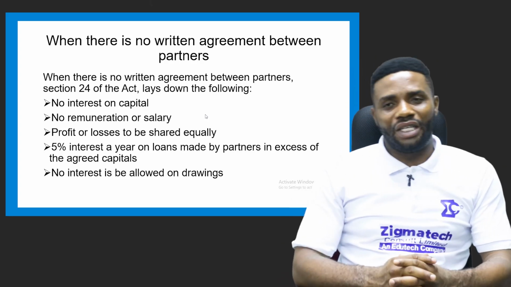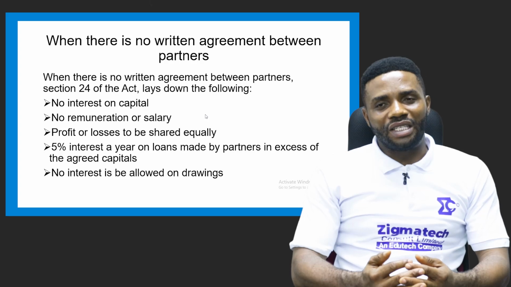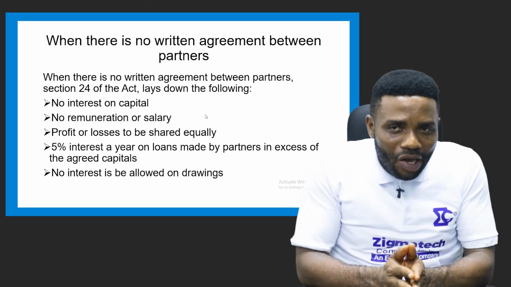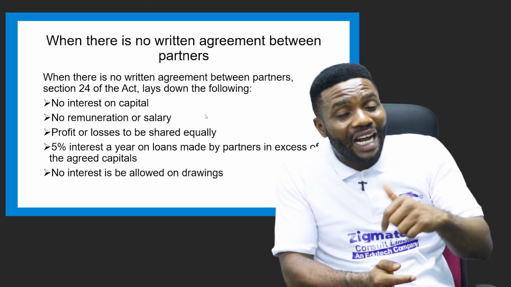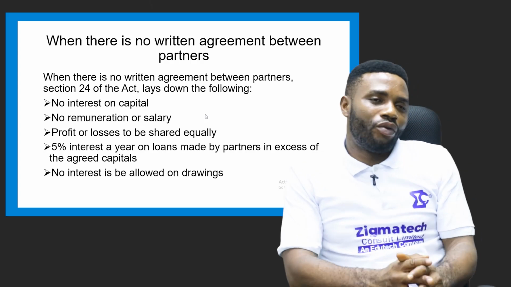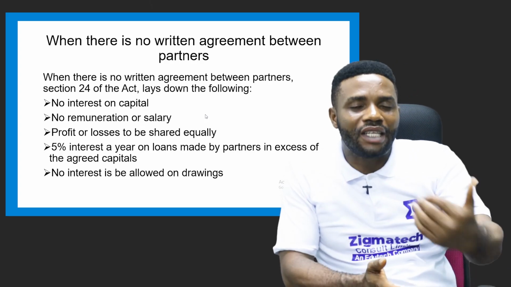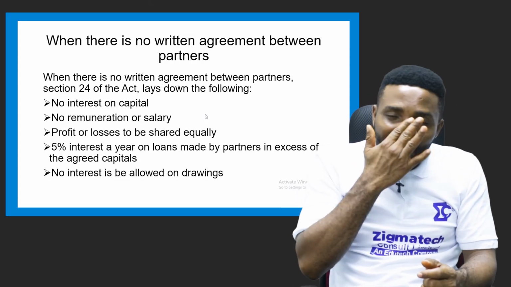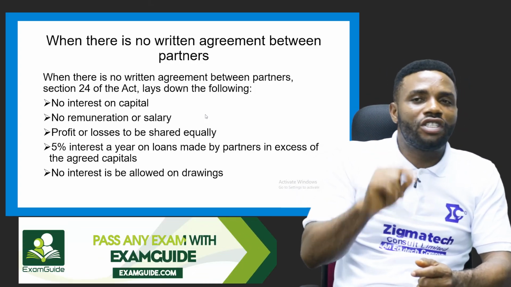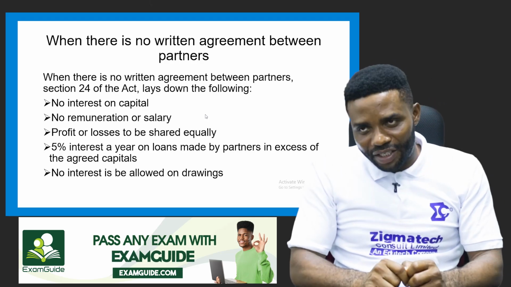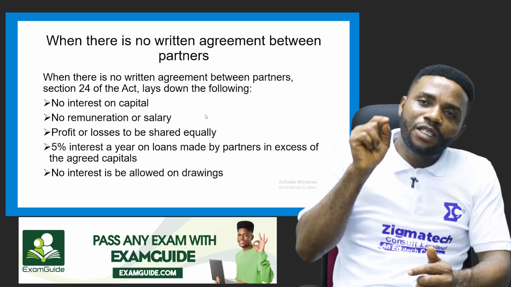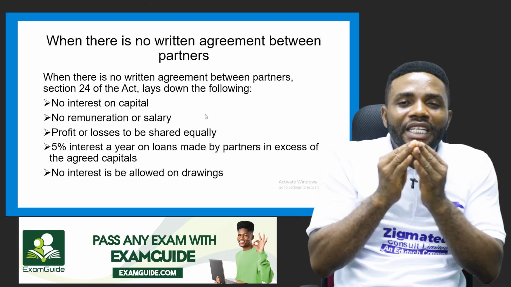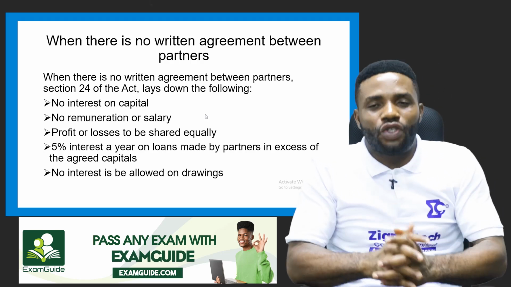The partnership business can come to a partner who has originally contributed capital to take a loan. So when this loan is taken, if there is no written agreement, then the only percentage that should be charged on the loan is 5%. In this context, no particular amount is mentioned.